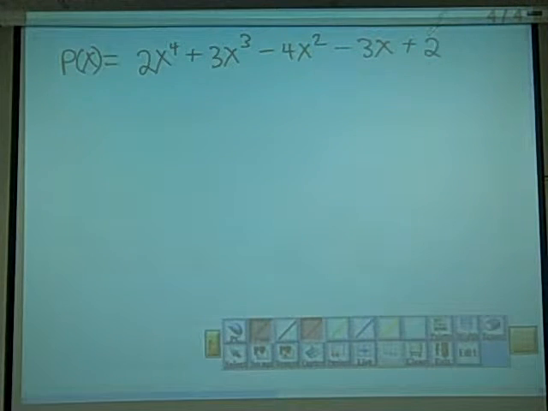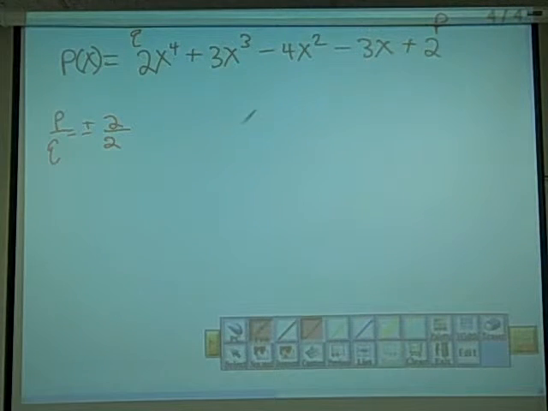Alright, so we need to find our p and our q, right? So we have p over q. We're looking for factors of 2 over 2. So here's our p and our q.